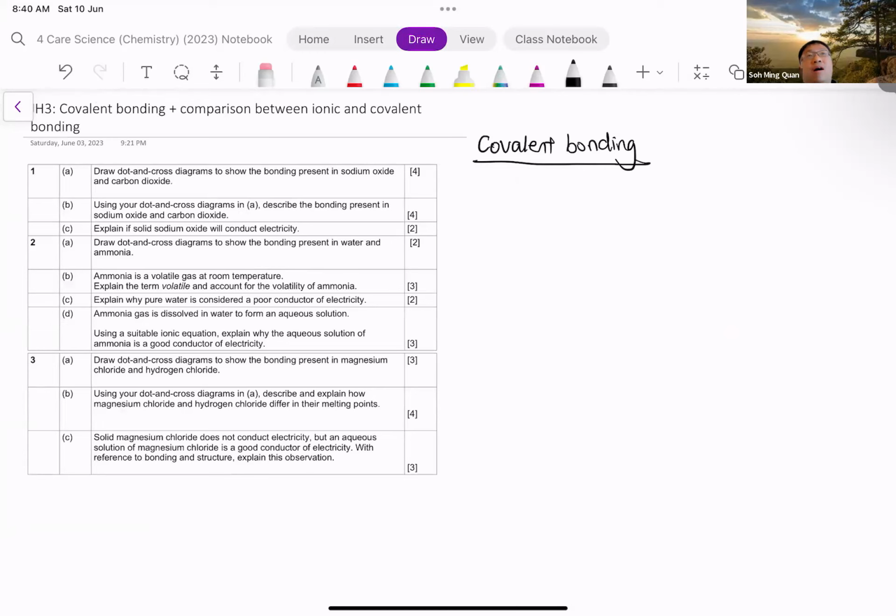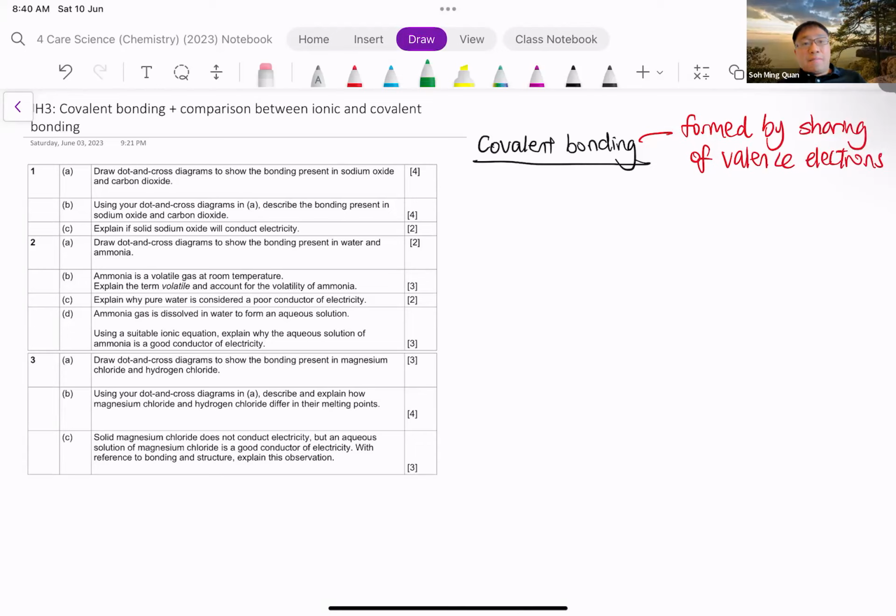As mentioned just now, ionic bonding is about losing and gaining valence electrons. Covalent bonding is formed not by loss or gain of valence electrons, but by sharing. So the keyword here is sharing of valence electrons. Now, which elements will share valence electrons with each other?